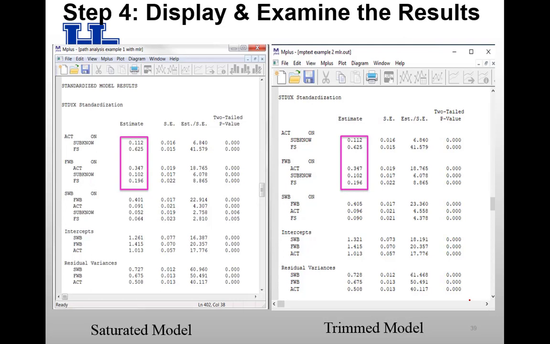So these are local fit coefficients. These are path coefficients. I want you to look at the pink boxes. You see, they remained unchanged, right?